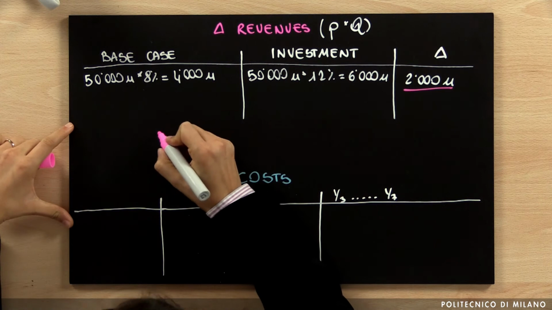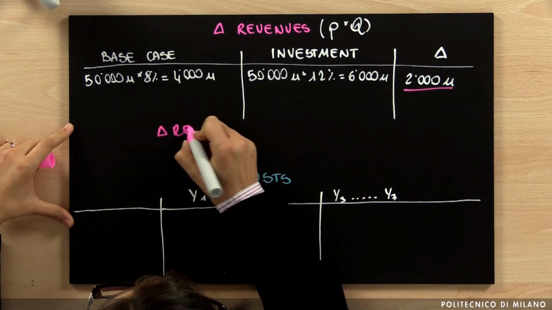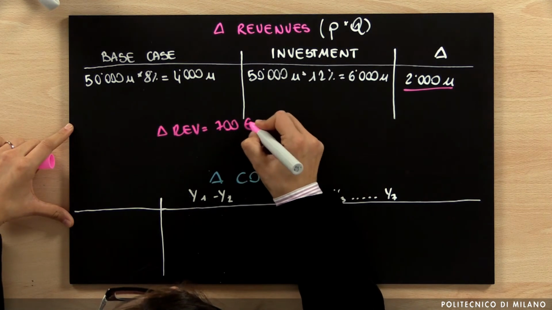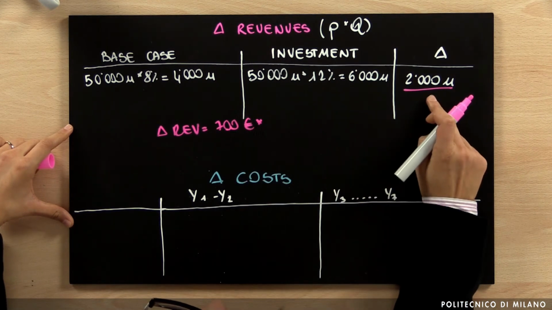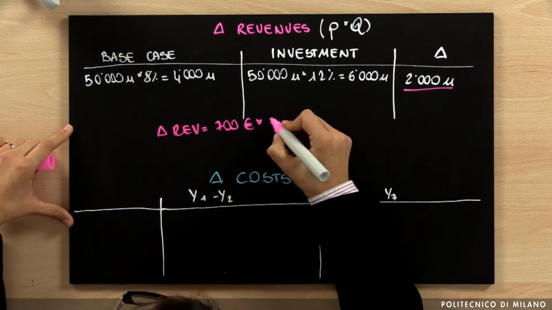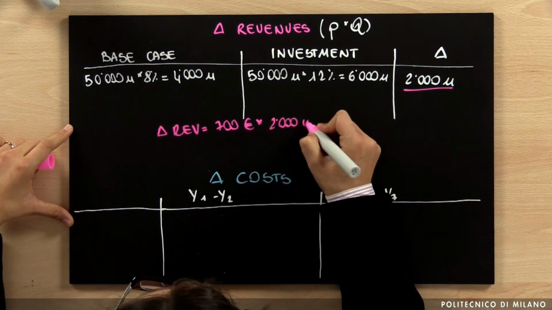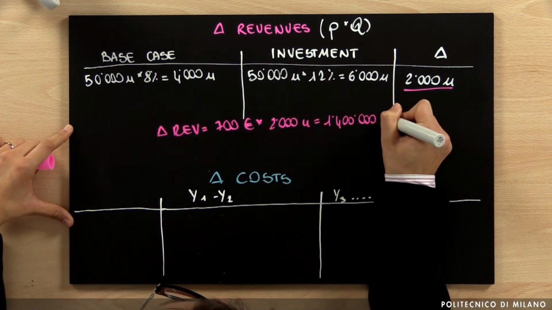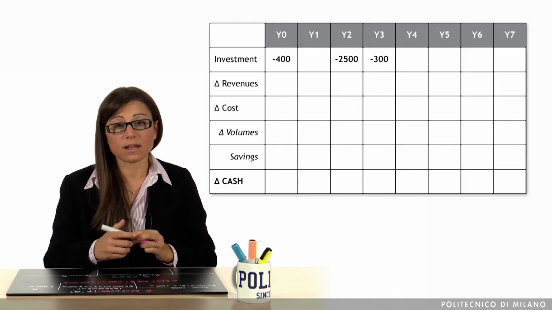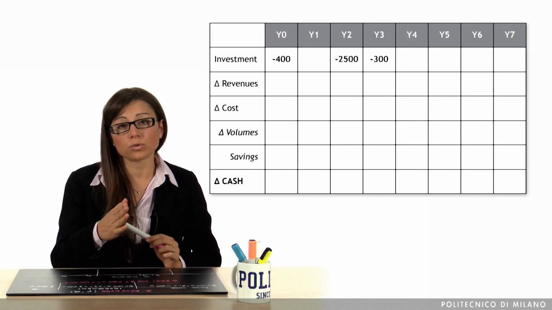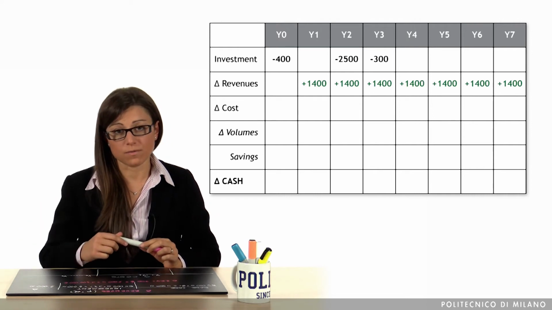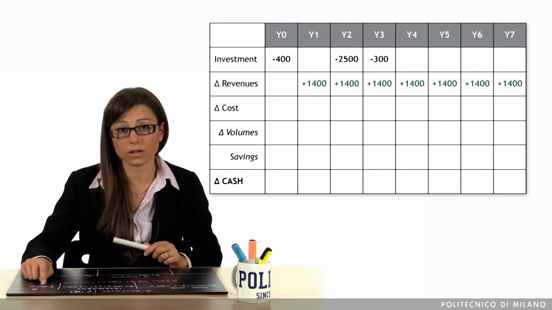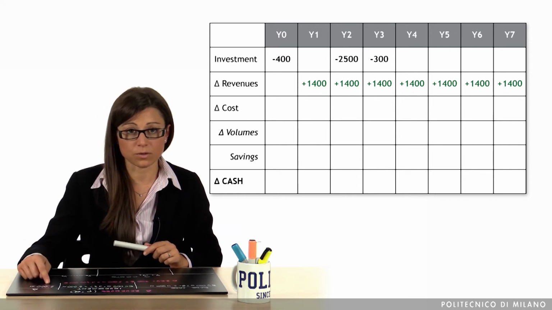So our delta revenue will be equal to the price, which is 700 euros per unit, multiplied by the additional quantity that the company is able to sell with the investment, which is 2,000 units. So this value is 1,400,000 euros. And this represents the additional revenue that the company is able to achieve for all of the years of the investment. Of course, this is an additional revenue because it is just the revenue related to the additional quantity that the company is able to sell because of the investment.